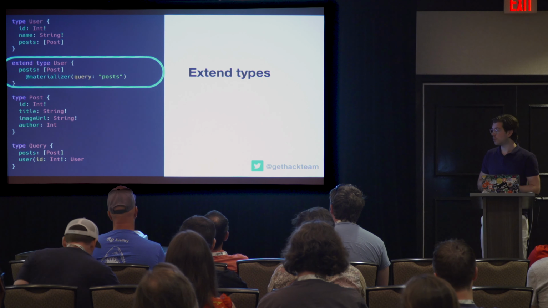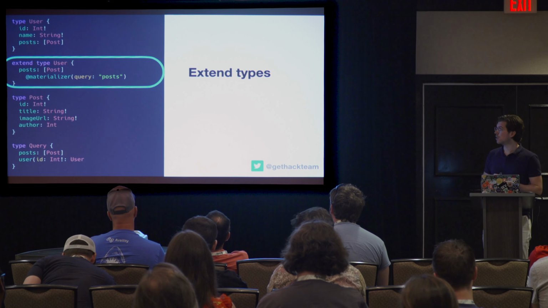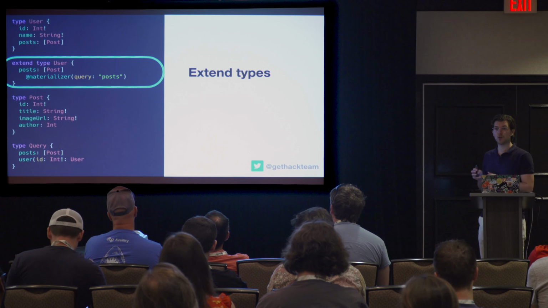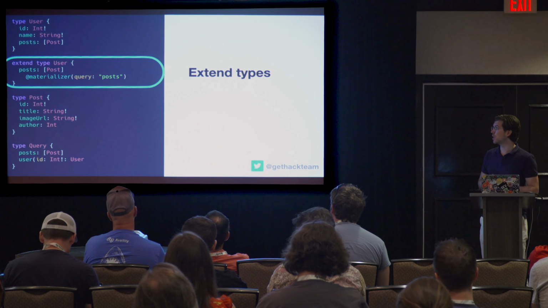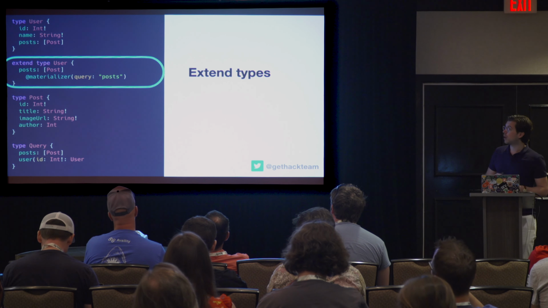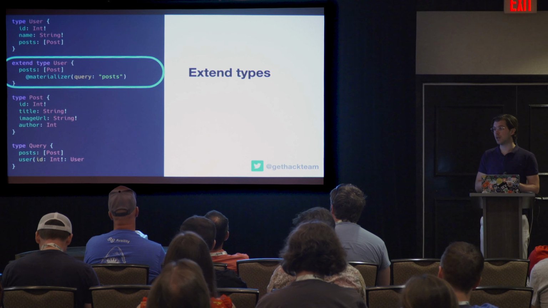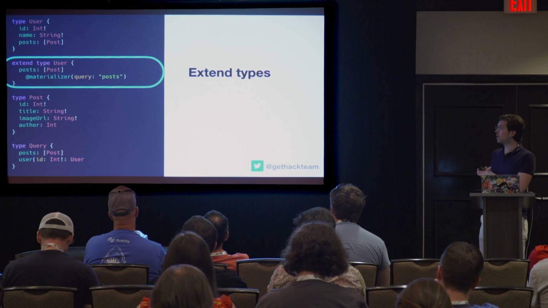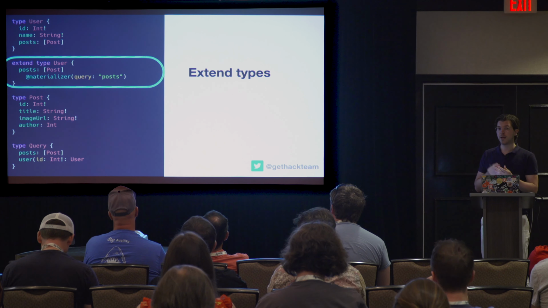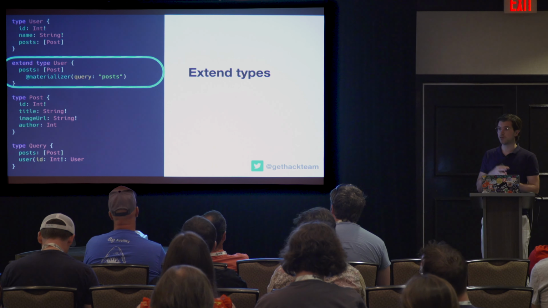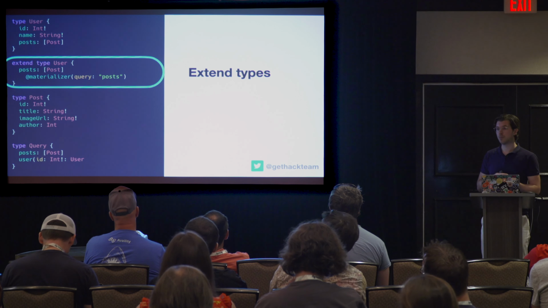And for this, you can use more custom directives, because custom directives really are the way to extend a GraphQL schema. And the GraphQL type system also lets you extend types. So you can have an interface, and then you can create a type based on an interface by using implements, and then types can also be extended. So the type system here is really helping you to make combinations of different types of data.